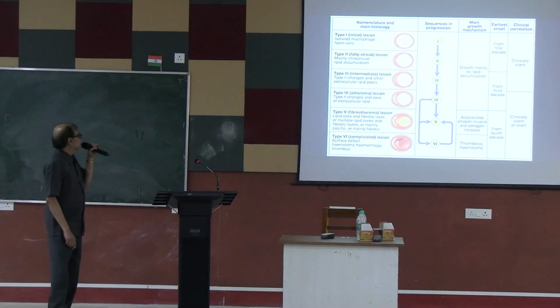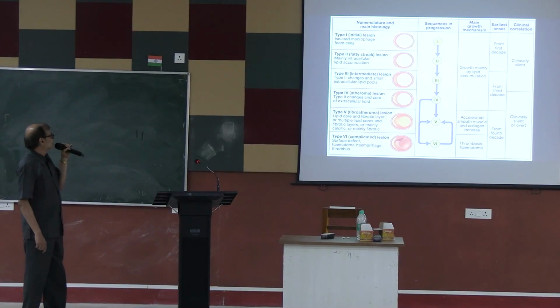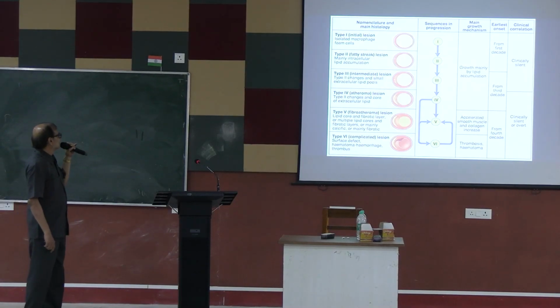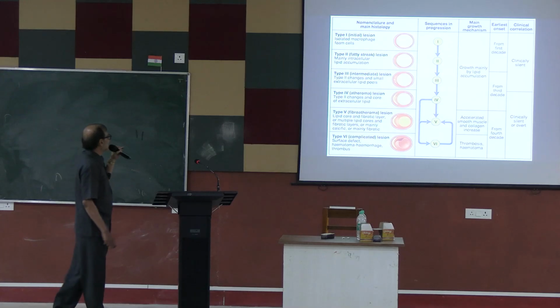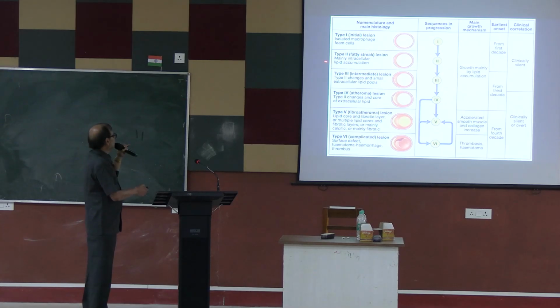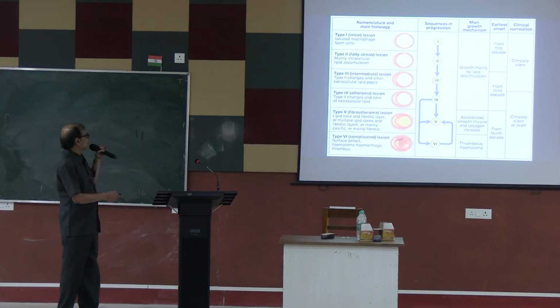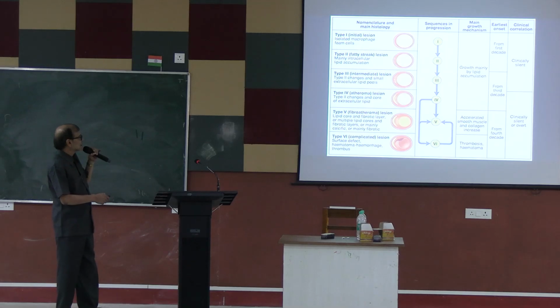And this is the staging. Type 1 lesion, isolated macrophage and foam cells. Type 2, fatty streak lesion, mainly intracellular lipid accumulation. Type 3, intermediate lesion, that means small extracellular lipid.